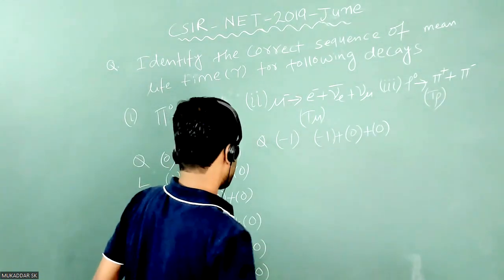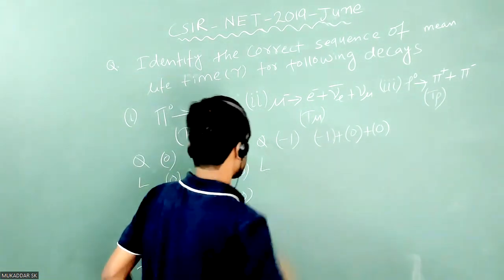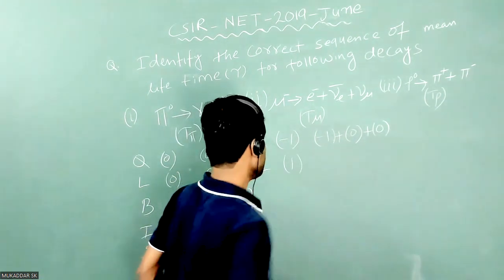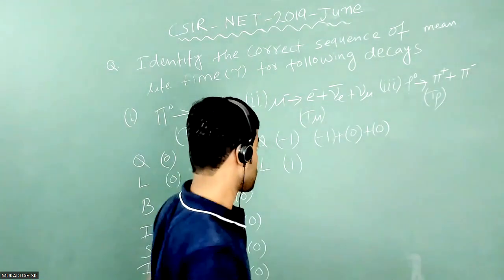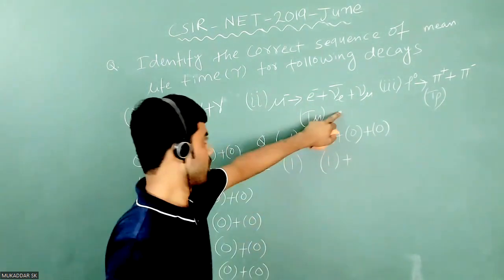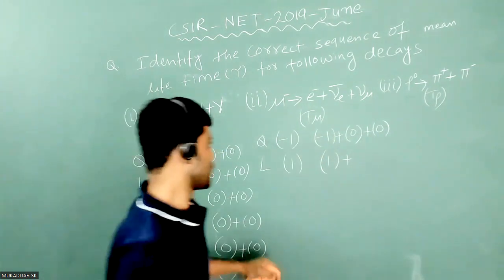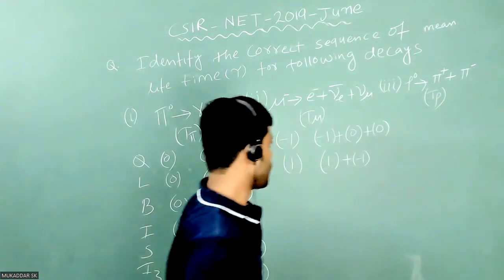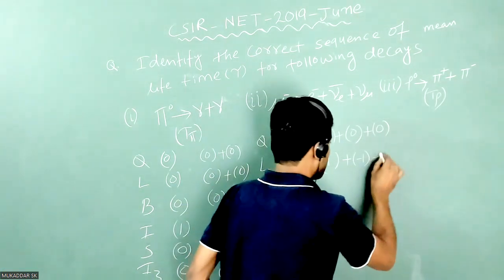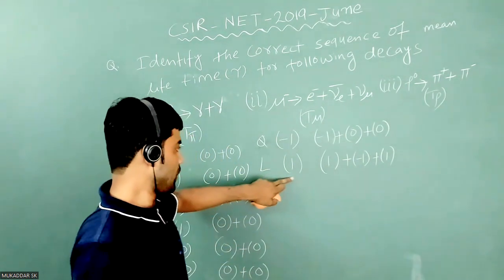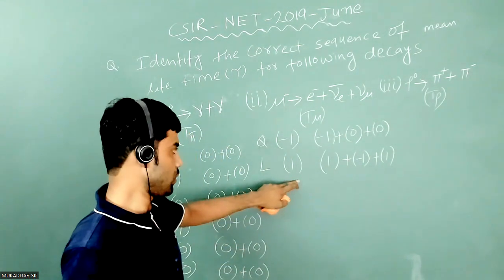Now we'll check lepton conservation. For mu minus, lepton number is +1. For e minus, this number is +1, and for nu e bar, this number will be -1 because this is an anti-lepton particle, and for nu mu, this number will be +1. So on the left hand side, this number is 1.